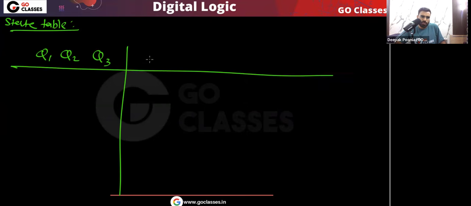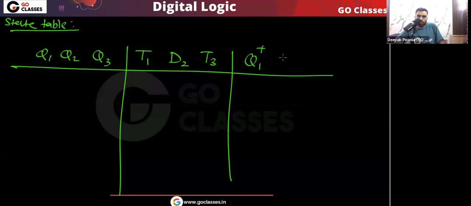The flip flop inputs are T1, then D, let me call it D2 so that there is no confusion, and then T3. And then the next state is Q1 next, Q2 next, Q3 next.